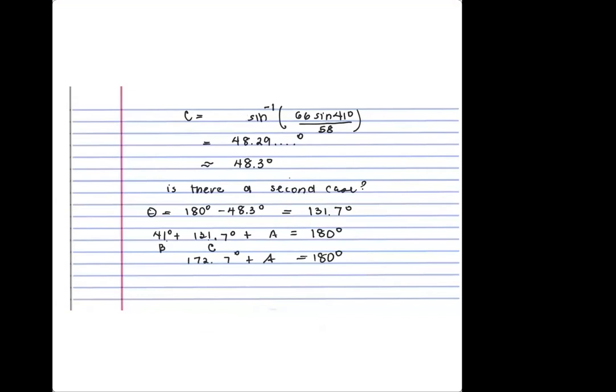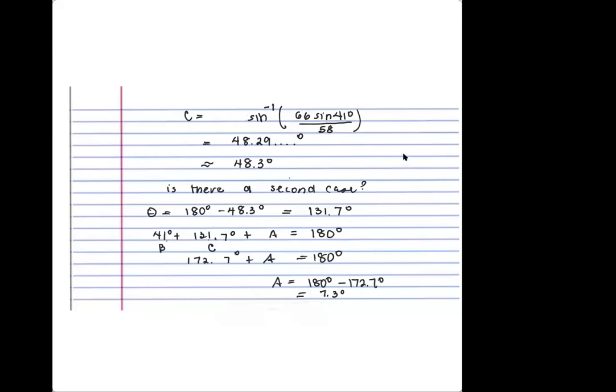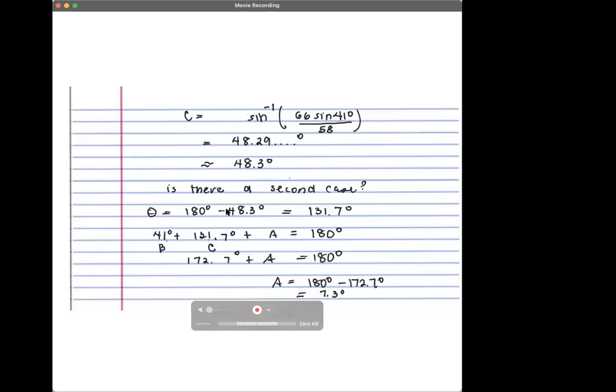So you subtract from 180, and A is equal to 180 degrees minus 172.7. So what is that? 7.3? It's a tiny little angle. I'll just check it on the calculator. 180 minus 172.7, yes, it is 7.3. So I did do it correct. All right, so we are going to get a second case.